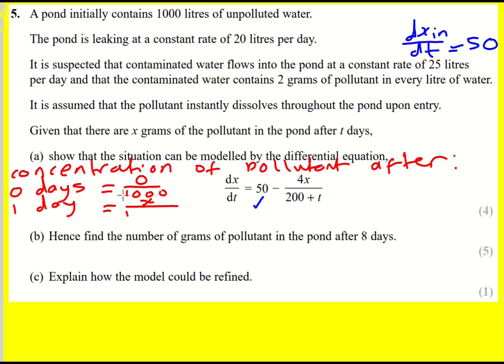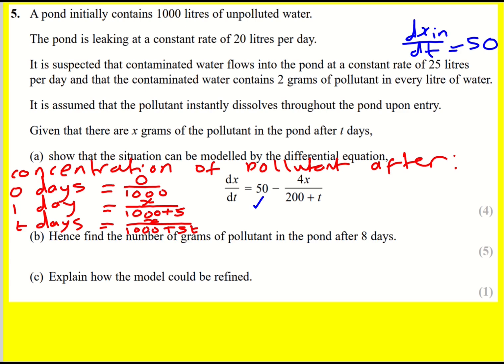So actually, there's going to be an extra 5 after day 1. And if we now look at t days, then it's going to be x over 1,000 plus 5t. t is the number of days, it's 5 every day. So after 2 days, there'll be 1,010 litres of water and so on.